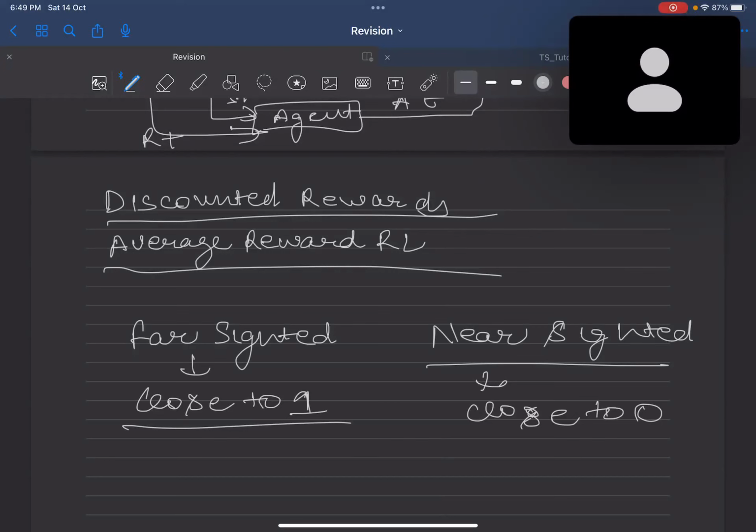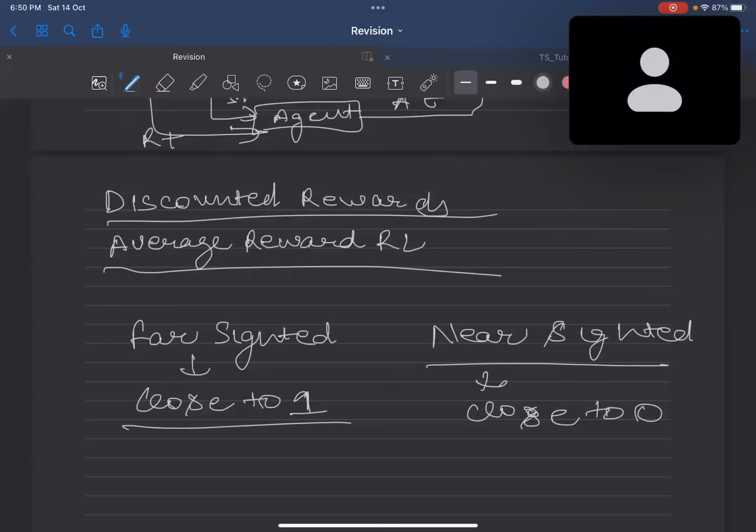If gamma is close to 1, even future rewards many time instants after will also matter. If it is 1, it is the same as taking no discount. So rewards in the far future also matter at this moment, and near-sighted means the immediate, closer ones.